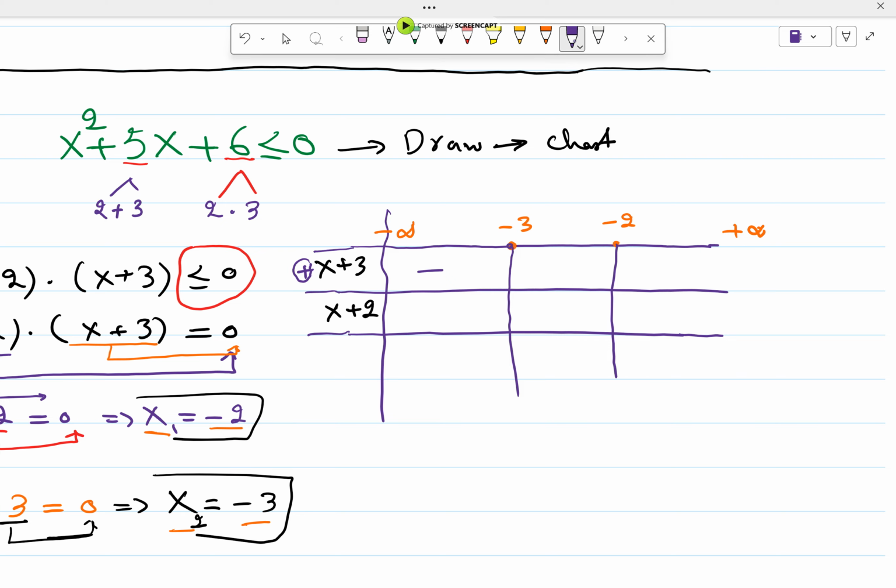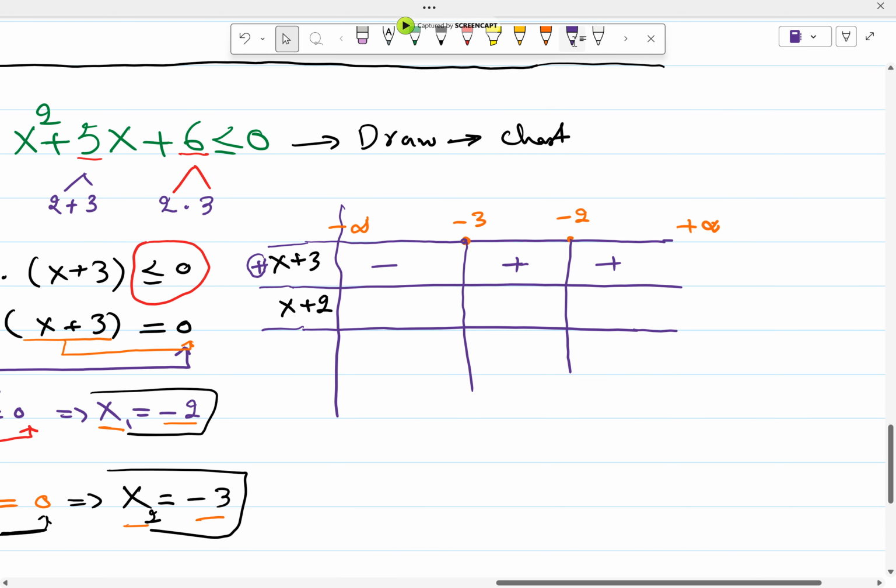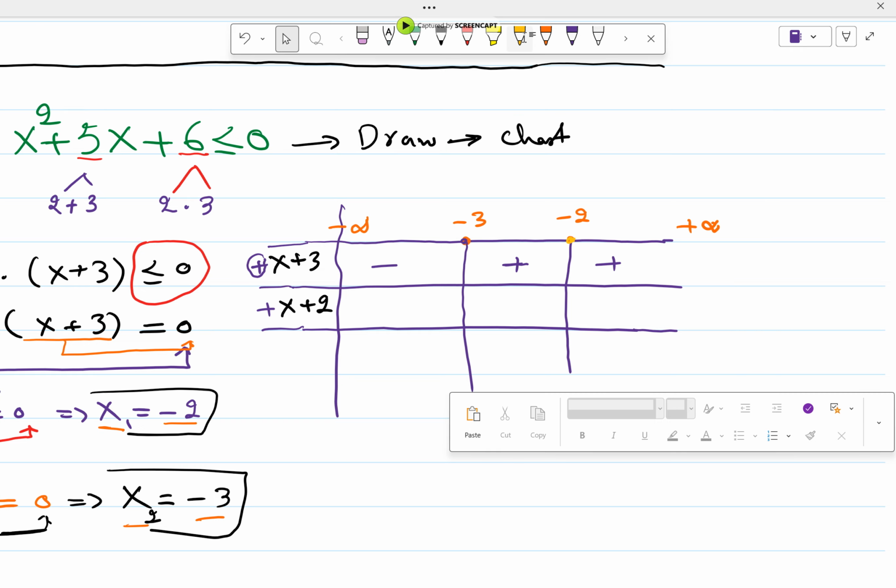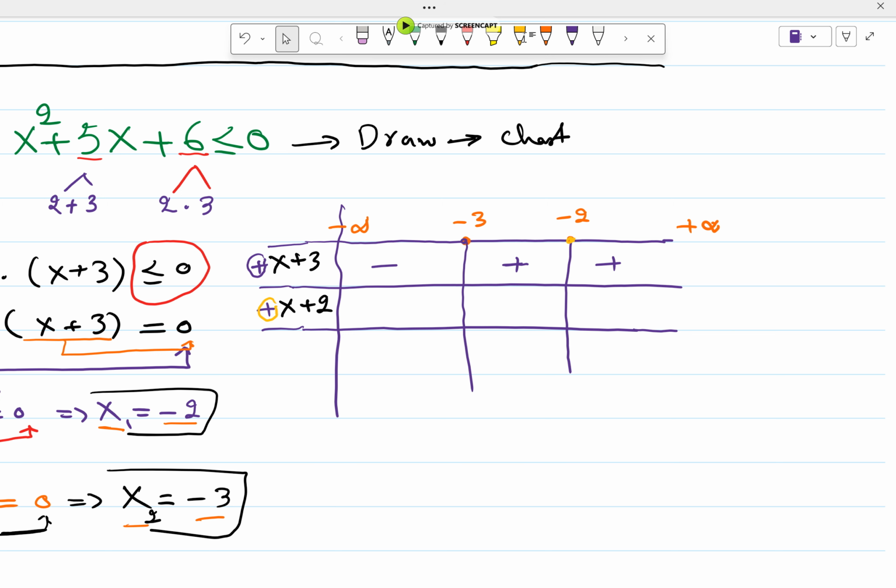Here is minus and here is plus. At the equal point, also the sign of x is plus. After the zero point of x plus 2 is here. Before it we must put the opposite sign of x plus 2. This is plus, and the opposite of plus is minus. And after that is plus.